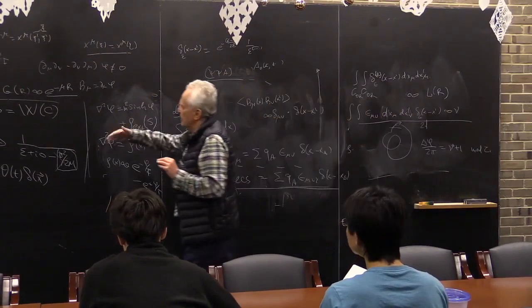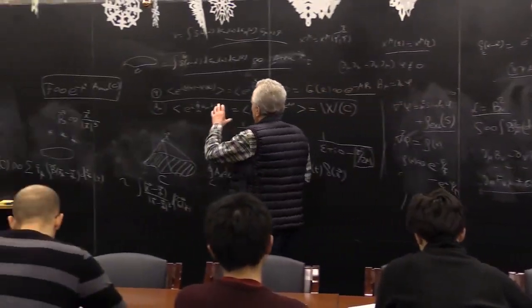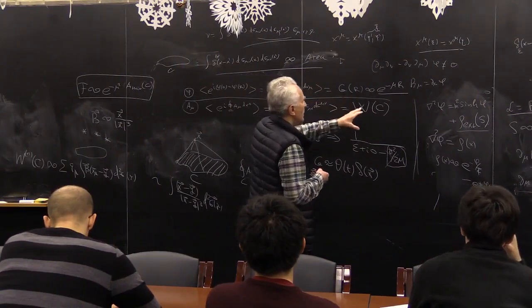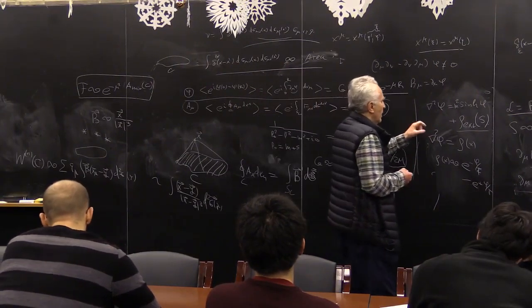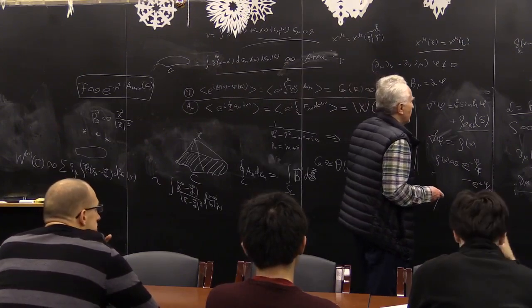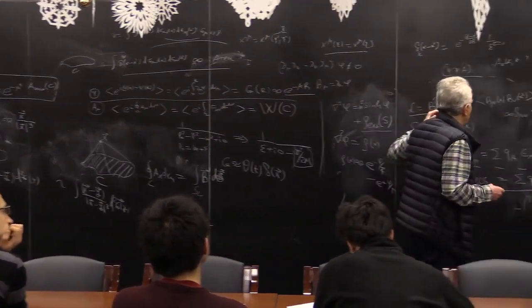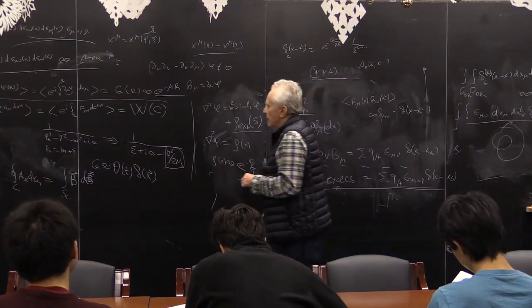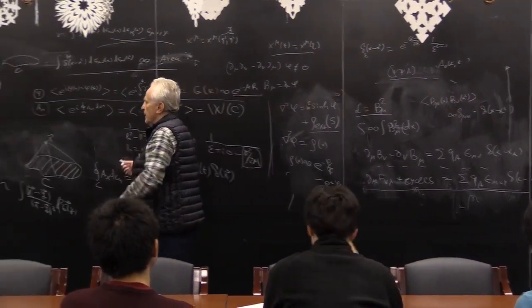But as I said, the qualitative meaning of this result is that the relaxation of the Bianchi identity, those monopoles, they relax.